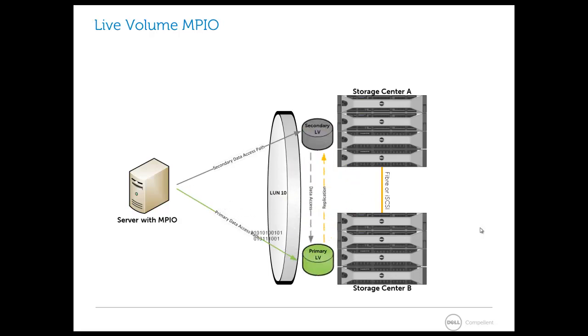After that change has been made, we can perform a manual or automatic role swap of the live volume behind the scenes. What we've accomplished here now is a live migration of the data or storage access from the storage host perspective from storage host A now to storage host B.